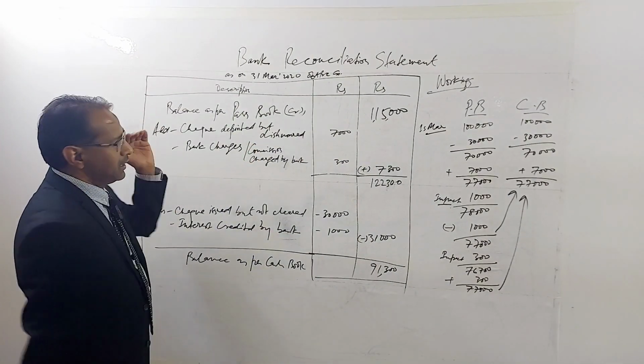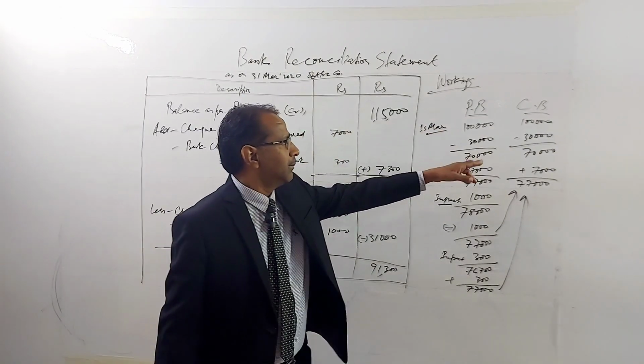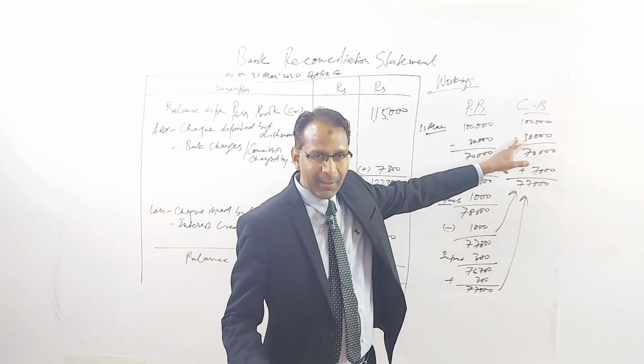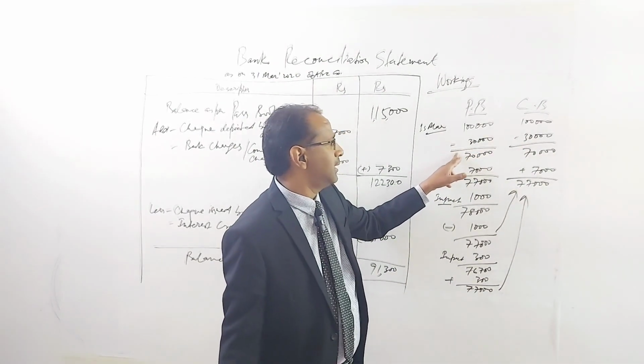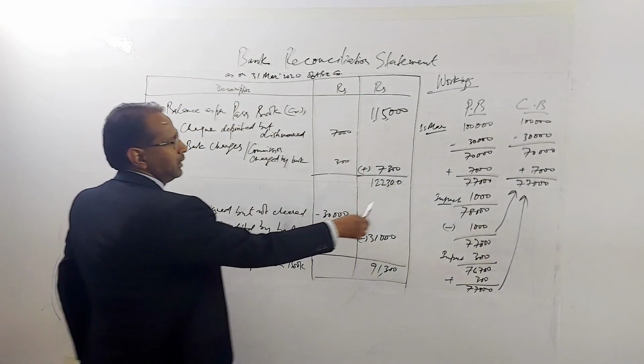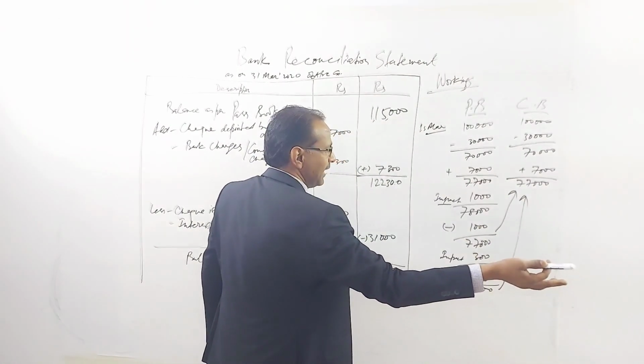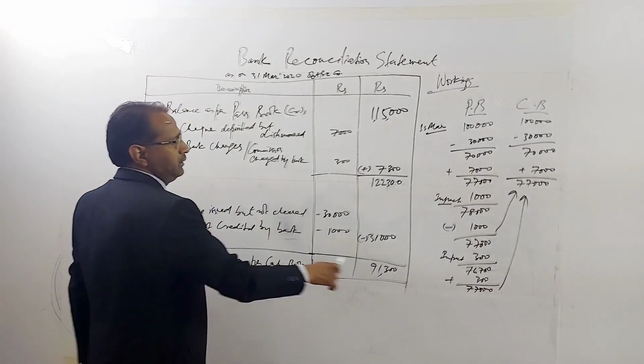So in this case, check issued, कैश बुक में पहले माइनस हो गया, तो उसको मैच करने के लिए हमें यहाँ भी माइनस करना था, 30,000 we also minus, 7,000 was deposited, it was added in the cash book, we have to also add it here.